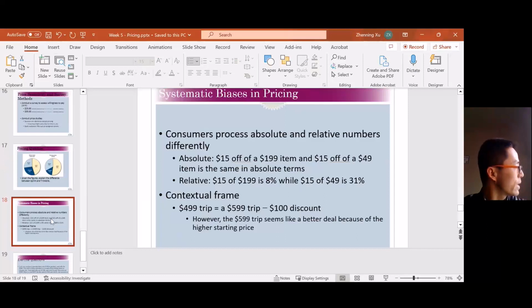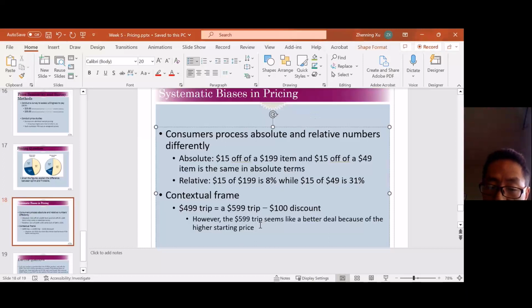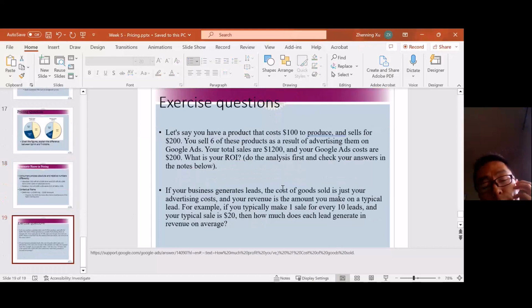So it shows that you are actually giving some discounts, and this kind of discount may seem to be a good deal, especially when consumers are looking for deals, or coupons, or promotions. Okay. Finally, I try to show you two exercise questions, and I think the first question itself is from, let's say, the Google AdWords website.